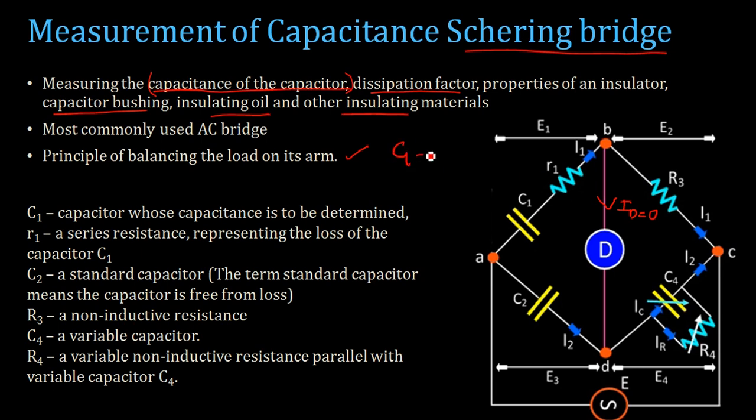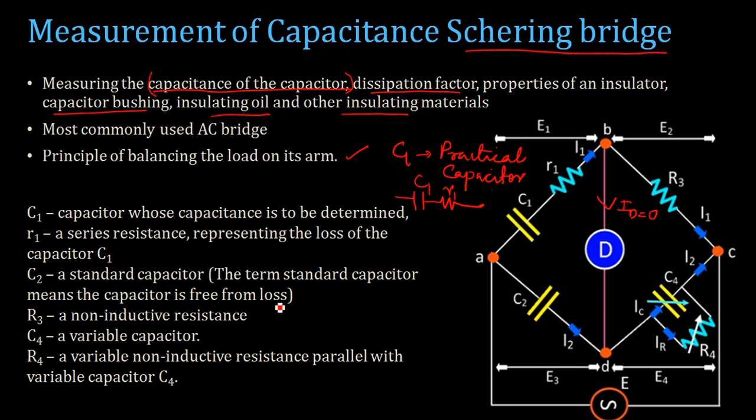Now C1 is a practical capacitor; we always indicate a practical capacitor as a capacitor in parallel with or in series with a resistance to indicate the loss in the capacitor. Now C2 is a standard capacitor which is free from losses, and so we do not have a resistive component in that arm.